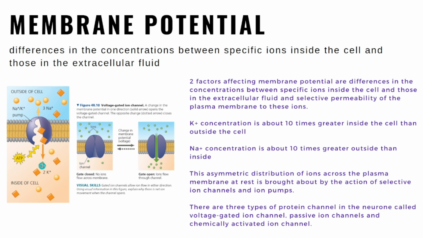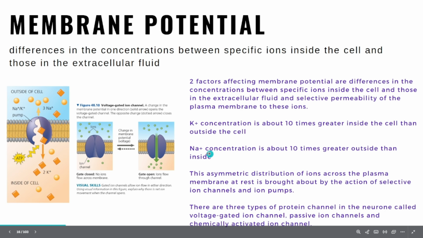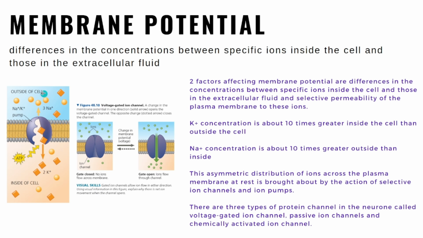For sodium ion, outside the cell is higher than inside the cell. So in simple words, in the resting potential state, potassium ion is higher inside the cell, but sodium ion is higher outside the cell.